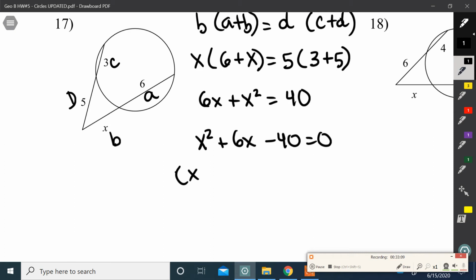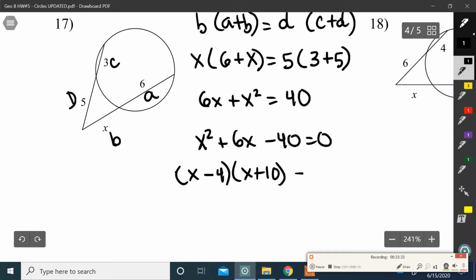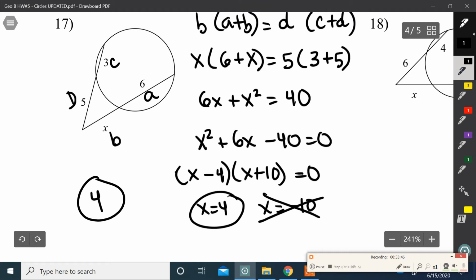Now let's see, let's do x minus, actually, so x minus 4 and x plus 10, that works. Okay, as you can see, we factor that one very easily, and x is equal to 4, x is equal to negative 10. This is not gonna work, so my final answer will be 4.